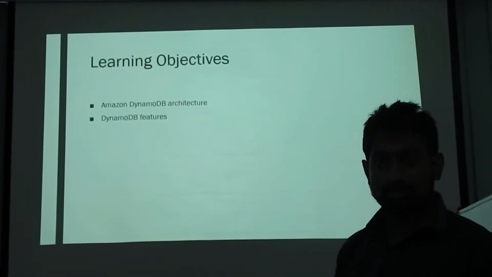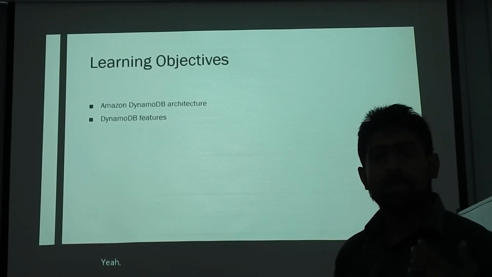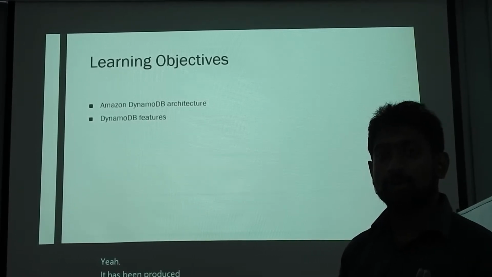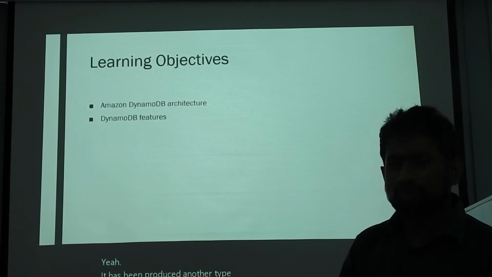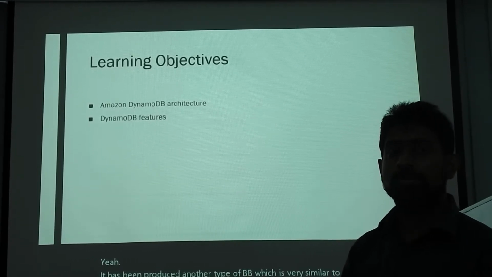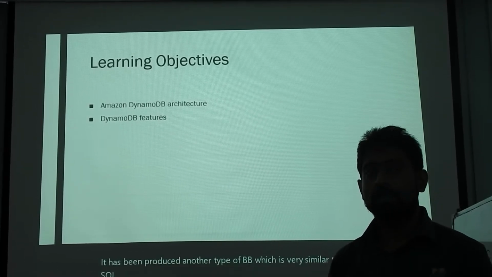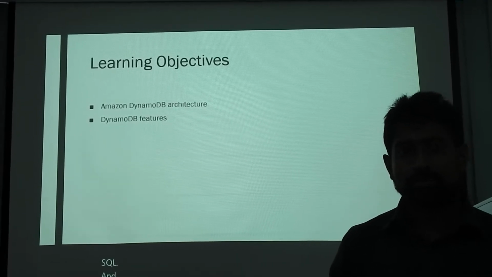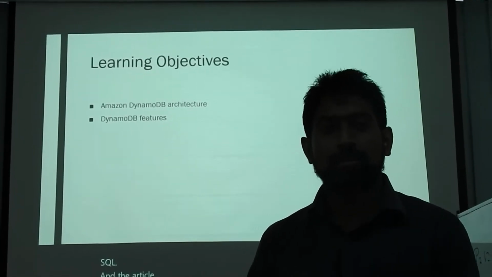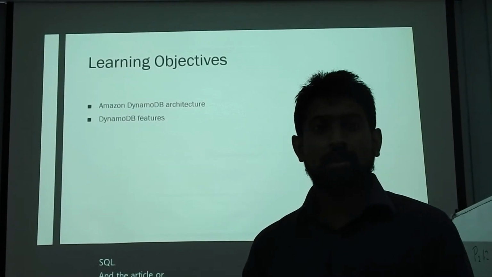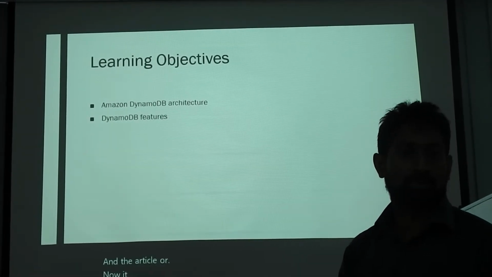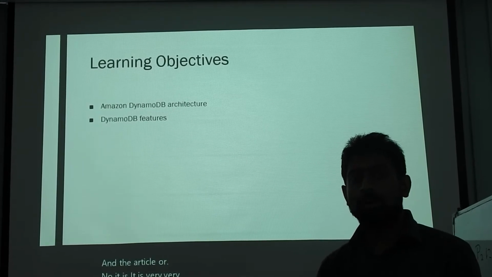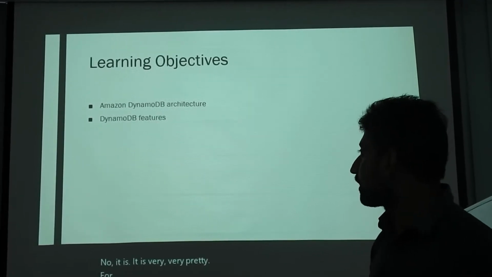Apart from the DynamoDB, the AWS has introduced another type of DB which is very similar to MySQL. When you're looking at MySQL and Oracle or SQL Server, they are relational databases. Nowadays, there's a very high popularity and demand for the NoSQL type databases.